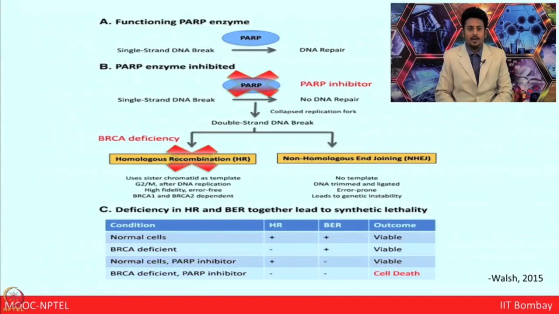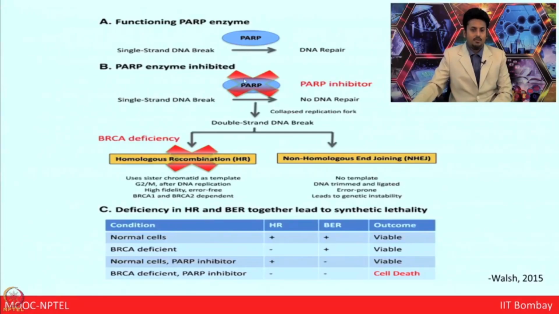The schematic, the diagram, has been taken from Walsh et al. 2015, where we can see the functioning of PARP enzyme and how PARP enzyme is helping in DNA repair of single strand DNA break.